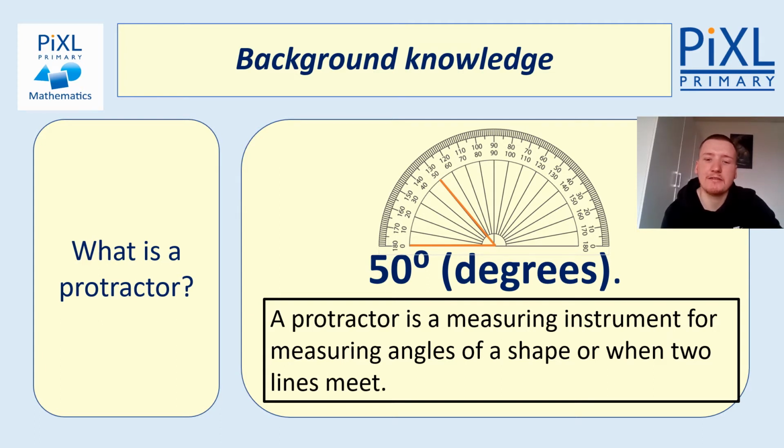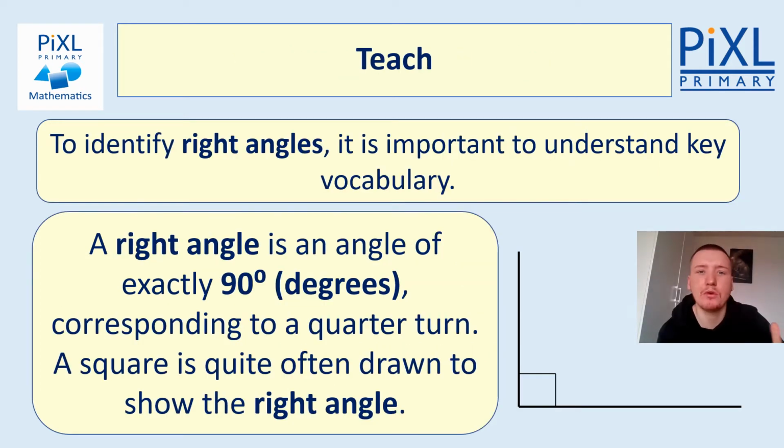So well done if you counted them out in tens and got the answer 50 degrees. We should all now understand clearly what we use to measure angles with and what units we measure angles in, which is degrees. But remember our learning objective today, we're focusing specifically on right angles.